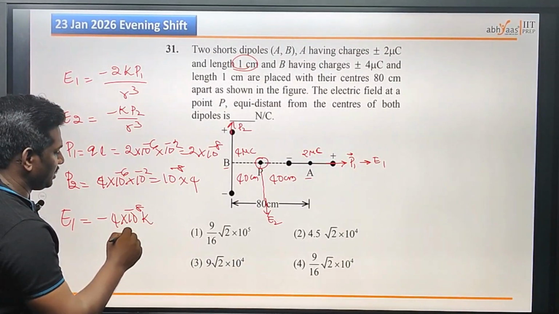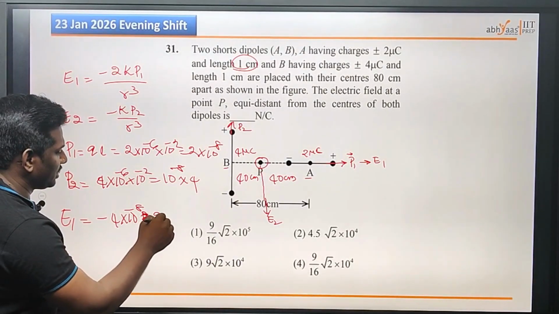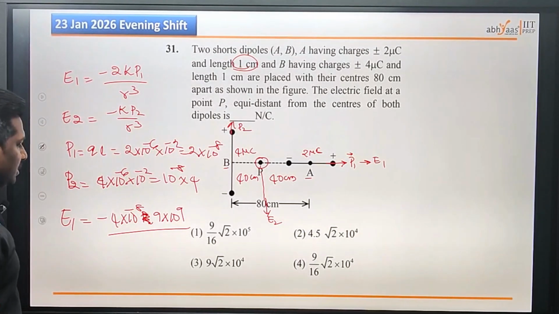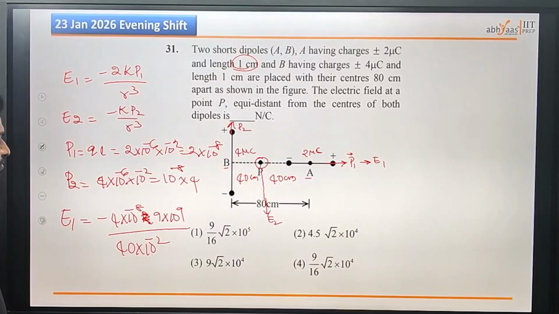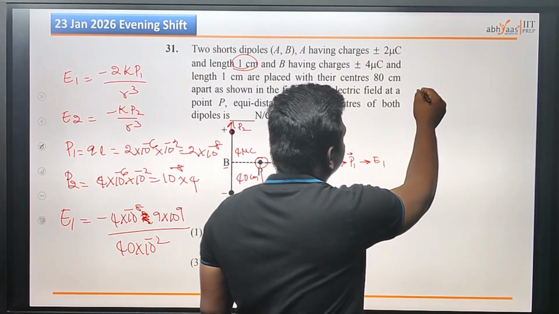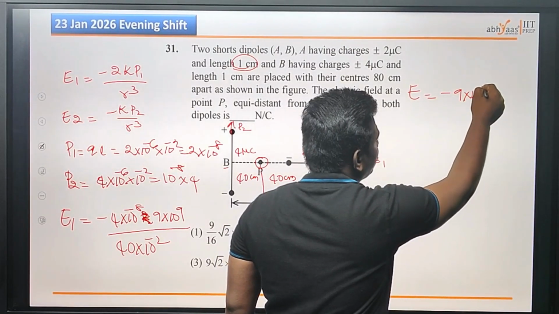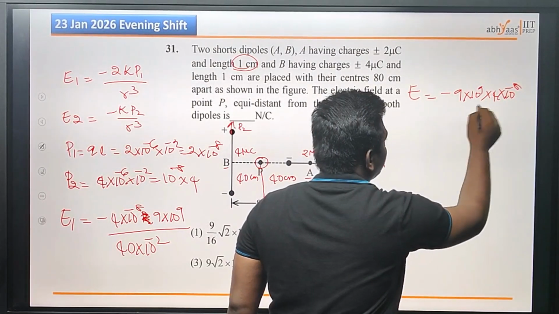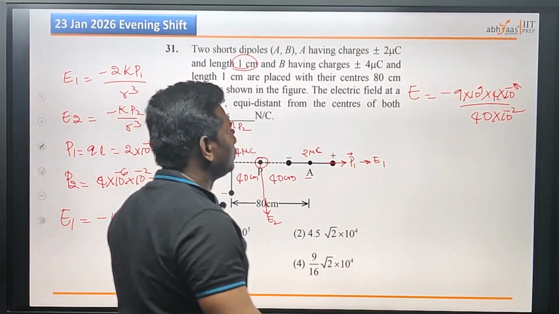So k by R, that is nothing but 9 into 10 to the power 9 by R, distance 40 into 10 to the power minus 2. This is our E1, and E2 can be written as minus 9 into 10 to the power 9 into 4 into 10 to the power minus 8 by 40 into 10 to the power minus 2.